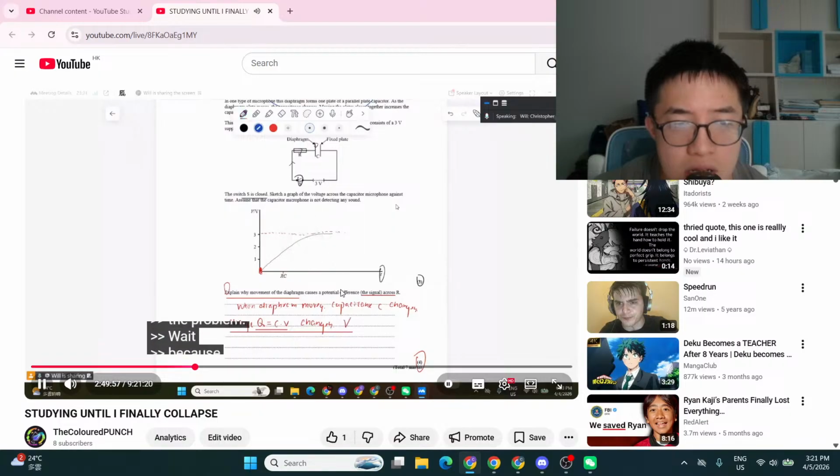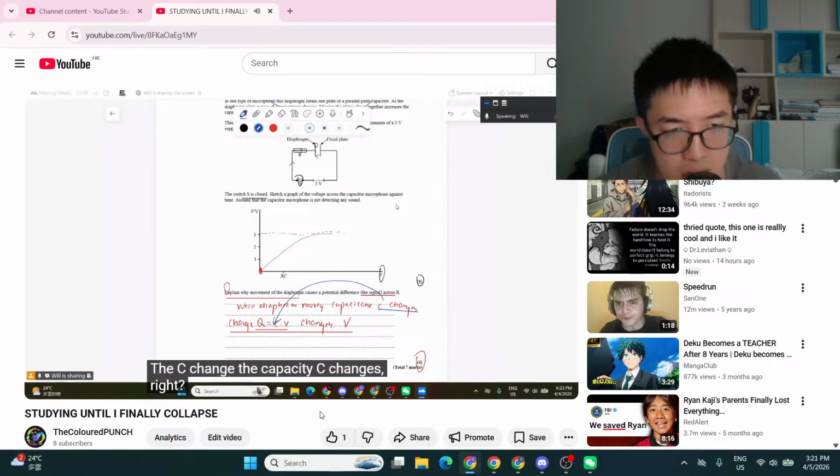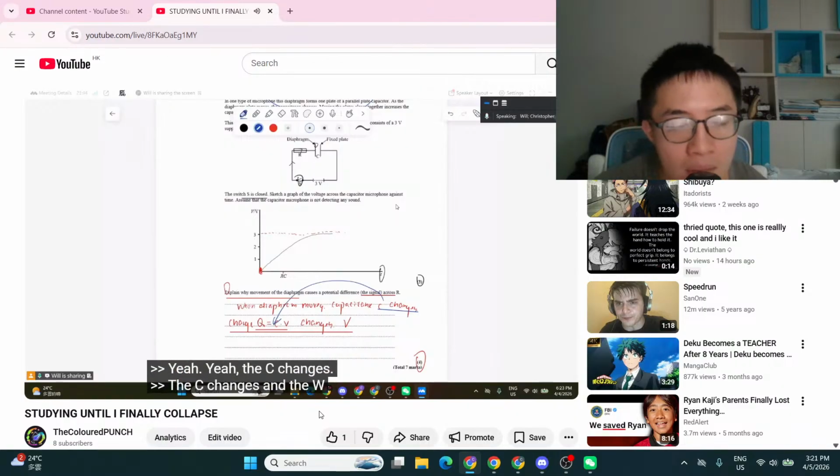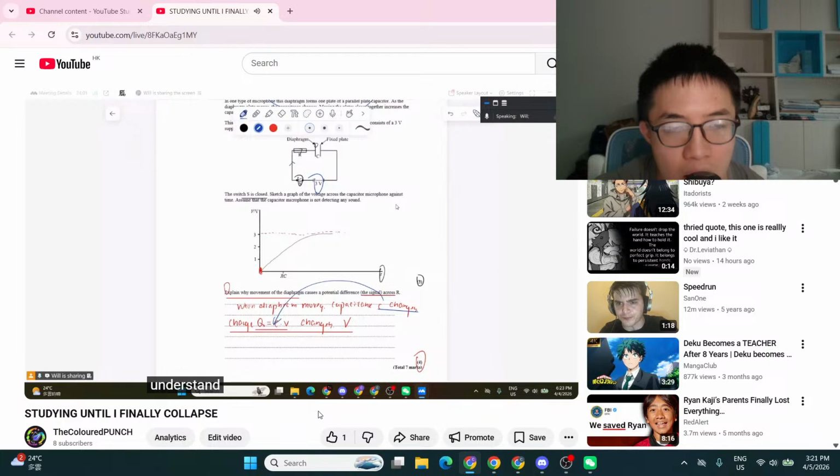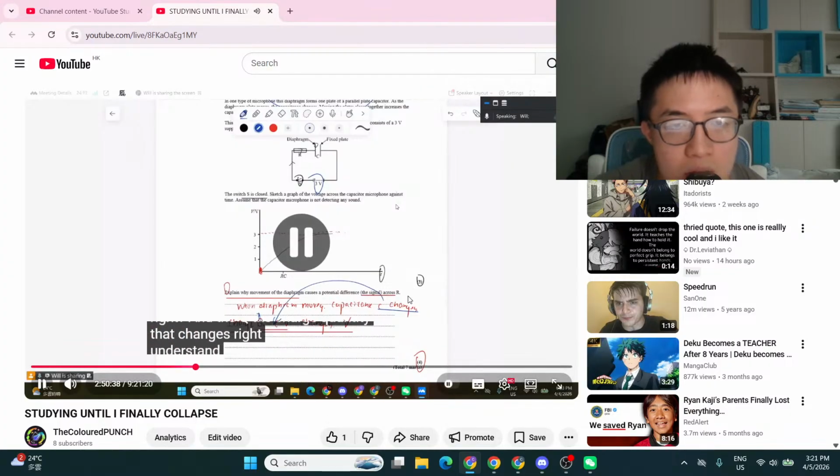Because you just see the C changes, the capacitance C changes, and the V is constant. The potential V is constant, and the charge quantity Q changes. Understand?